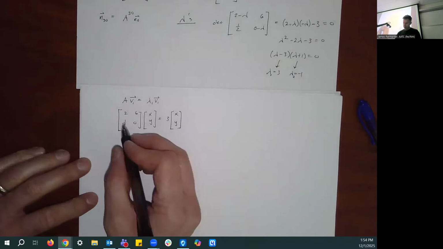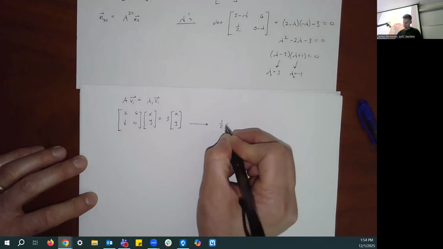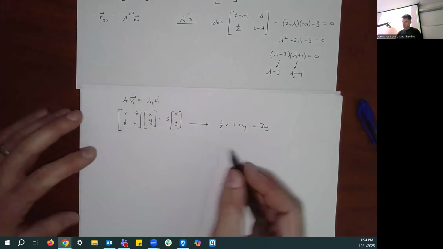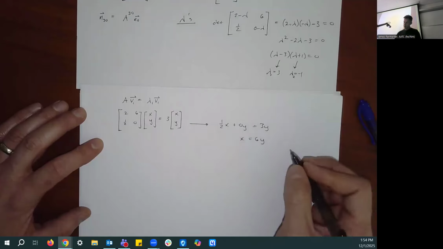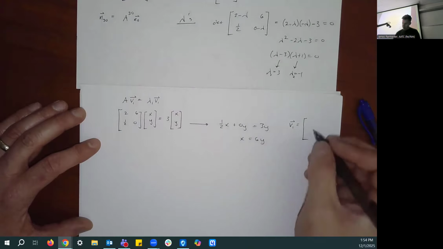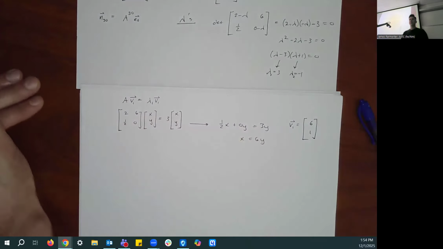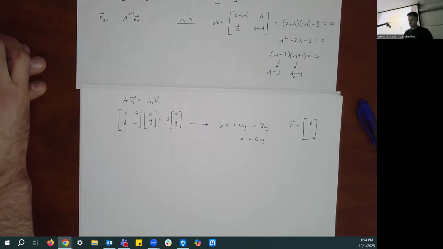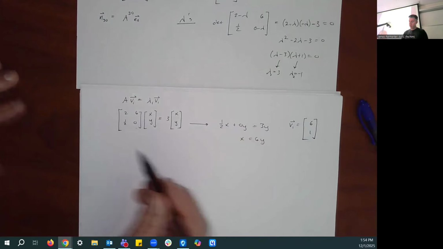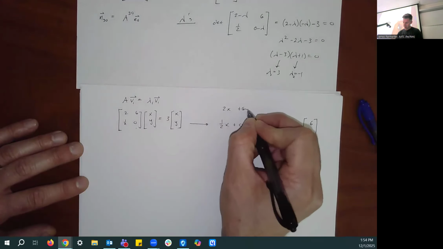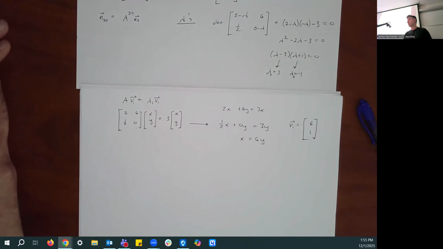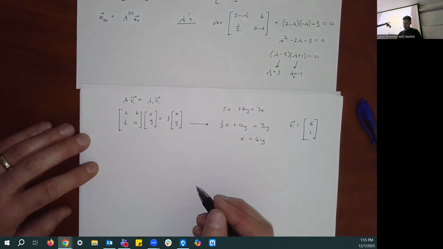So it's probably easier to write 1/2 times x plus 0 times y equals 3 times y, and then multiply both sides by 2 and say that x is equal to 6y, so that your vector is going to be: pick y equal to 1 and get x equal to 6. You could have done it with the first equation as well. It's just sometimes it's easier to look at the second equation because there's a 0. Or you could have said 2x plus 6y equals 3x, subtract the 2x from both sides and gotten the same relationship, the same equation. All right, so there's my first eigenvector.